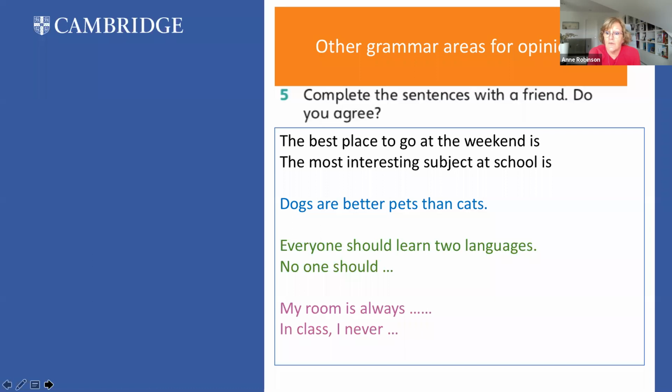I've got two areas of grammar actually. I've got "should," the modal verb, and you could obviously do others like must, could, can. And I've also got pronouns like someone, no one, everyone, to make quite strong statements, and then we can discuss.